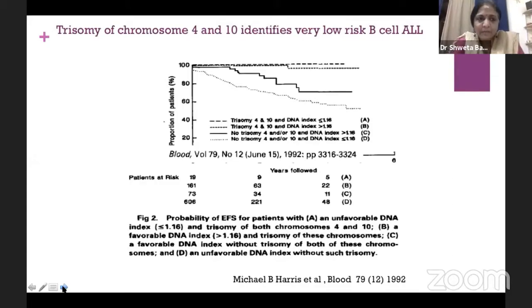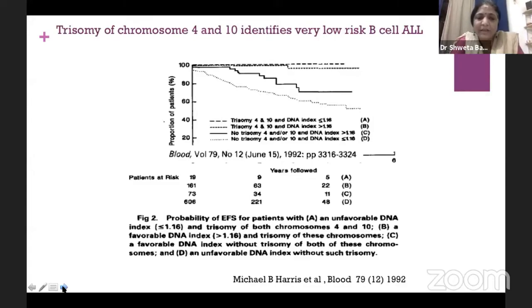Now, they also found that double trisomies, trisomy 4 and 10, if present, identify very low risk B cell ALL. They tried to combine it with the DNA index. They found that patients who had trisomy 4 and 10, whether their index was more or less than 1.16, did the same.